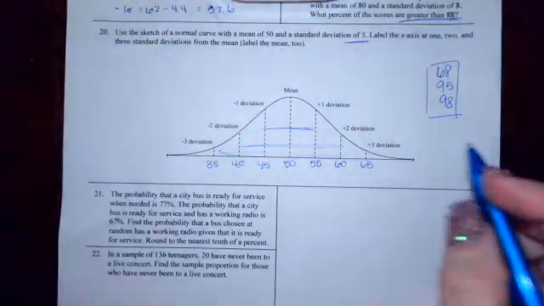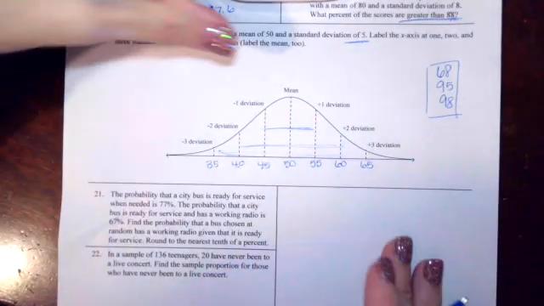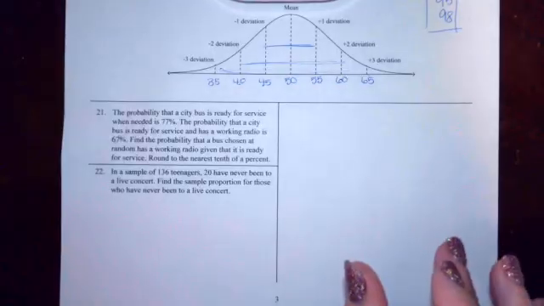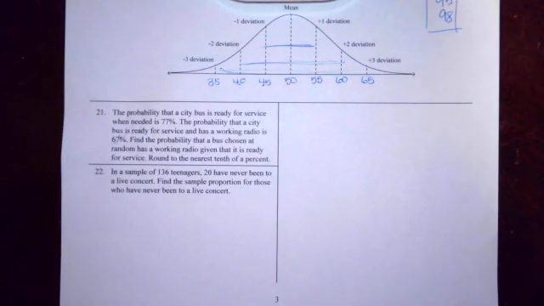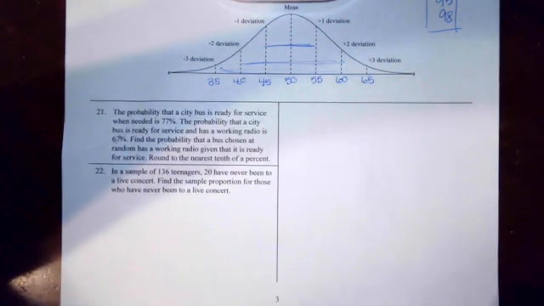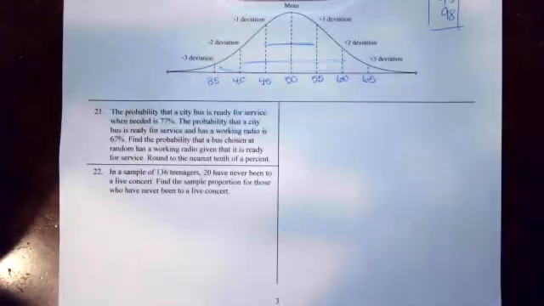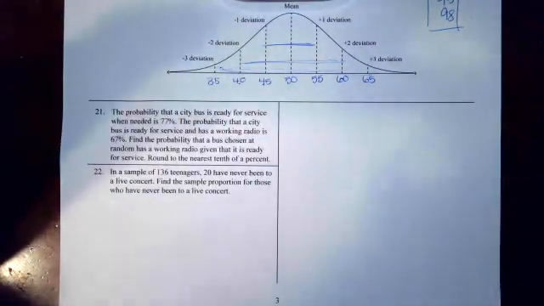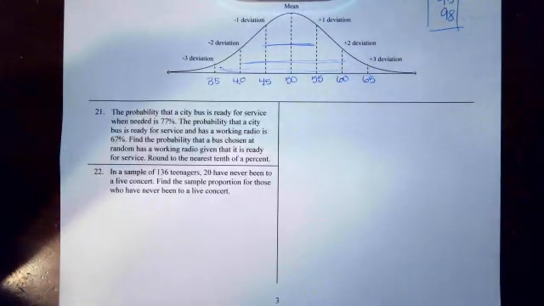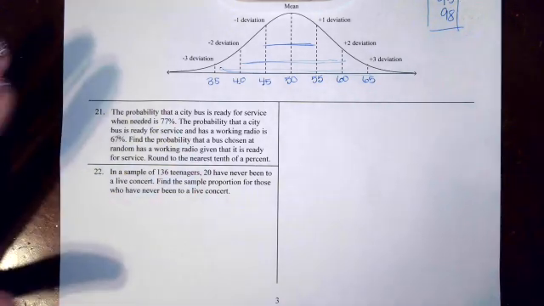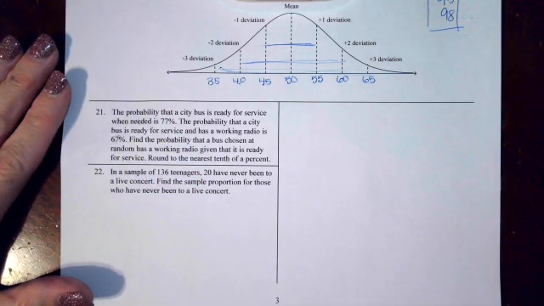Right. The probability that a city bus is ready for service when needed is 77%. The probability that a city bus is ready for service and has a working radio is 67%. Find the probability that a bus chosen at random has a working radio given that it is ready for service.